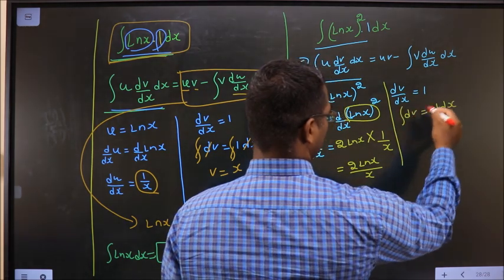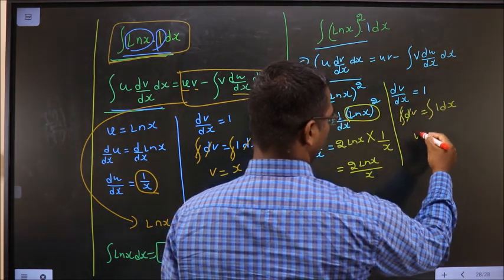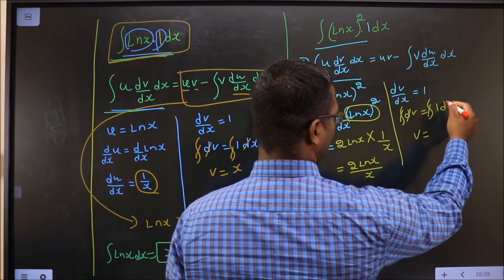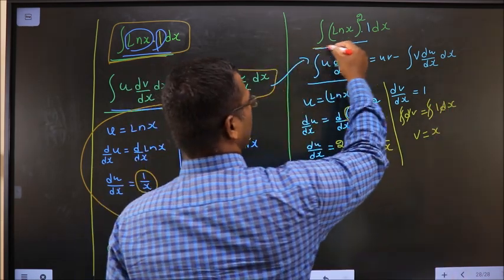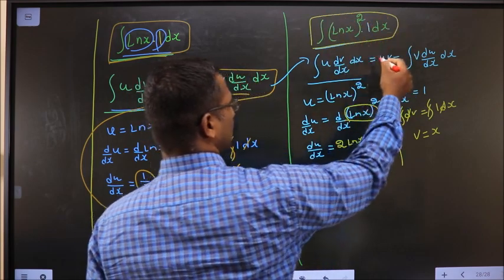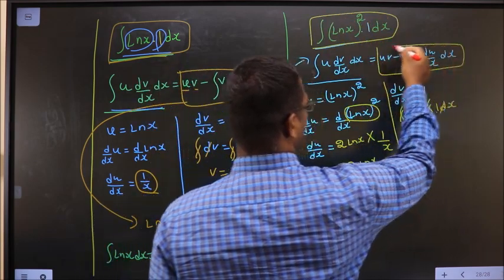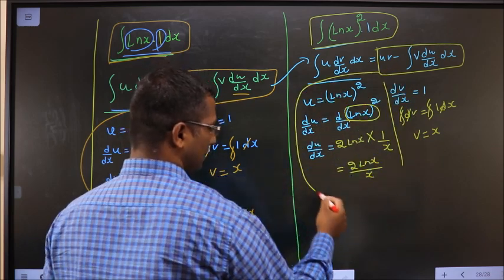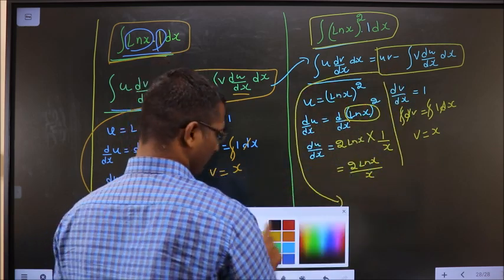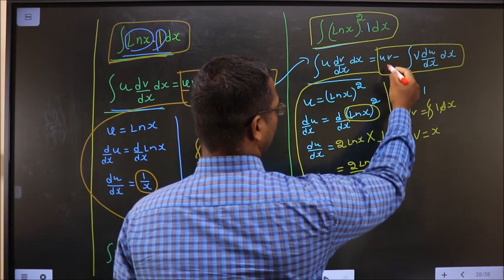Now integrate on both sides. This cancels out, v. 1 will not play any part, cancel out, x. Clear? So now integration of this is equal to this one. So replace all the values in this. So now this will change to u into v.